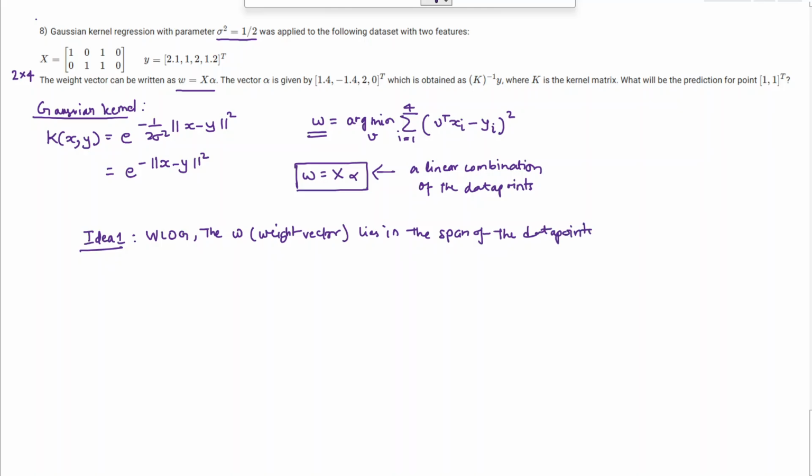That is exactly why we can write w as X into alpha for some alpha. Notice alpha is a member of what? R^n, or R^4 here, because we have 4 data points. Alpha is a member of R^4.